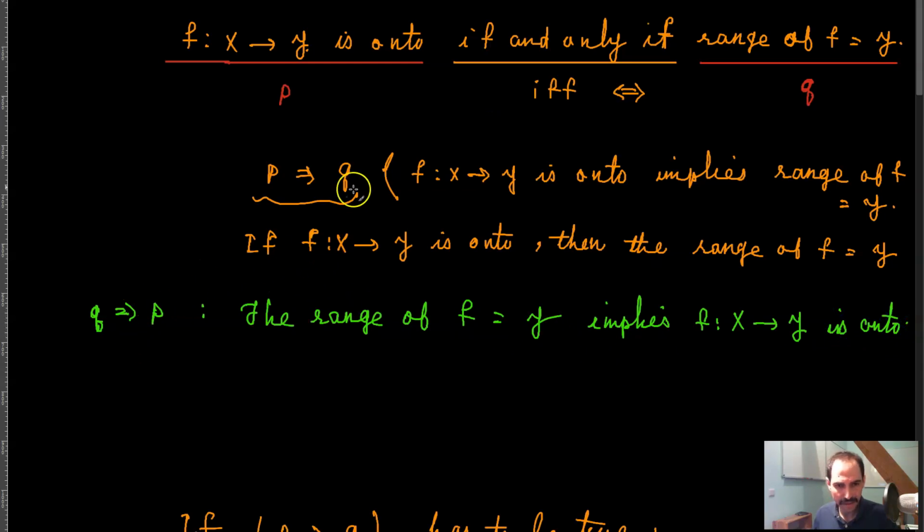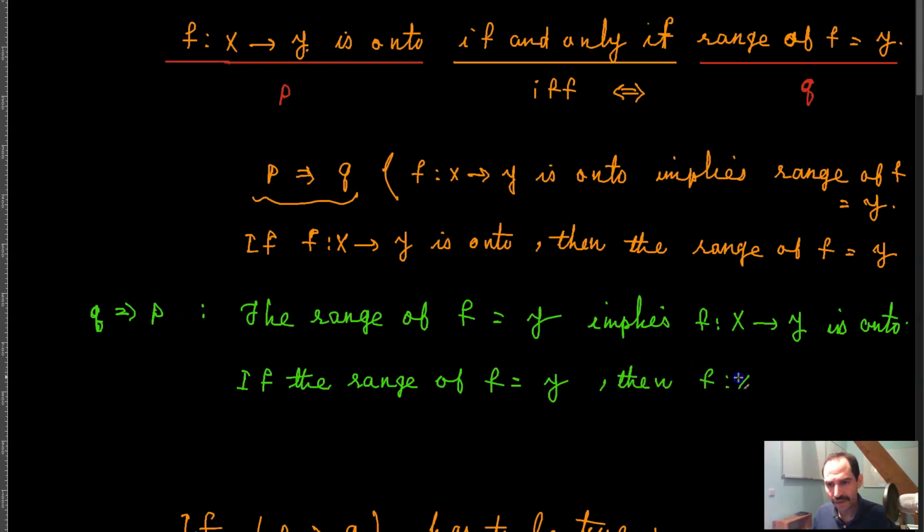The same statement I can write in words as: if the range of f is equal to y, then f as a function from x to y is onto. So that's the meaning of all of this.